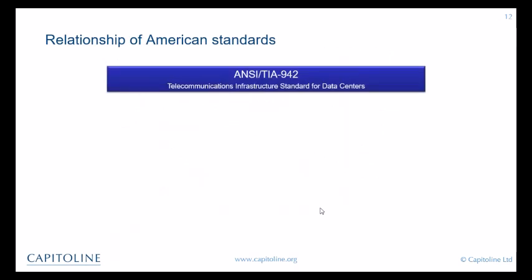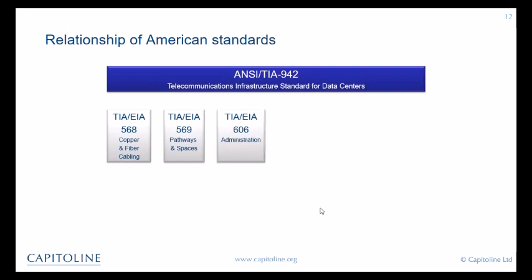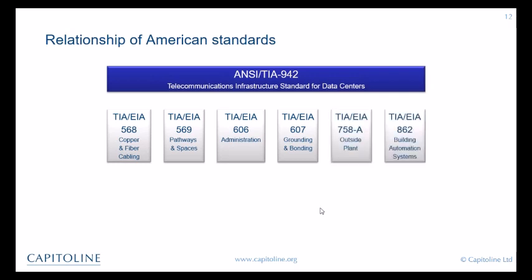When we talk about the American data center standard, and indeed when we talk about the other data center standards, they also refer to other standards. For instance, the American standard refers to copper and fiber cabling, the pathways and spaces for that cabling, the administration of it and documentation of the cabling, grounding and bonding for safety and for telecommunications purposes, cables outside the building, and building automation systems.